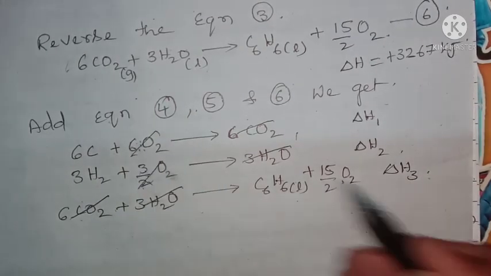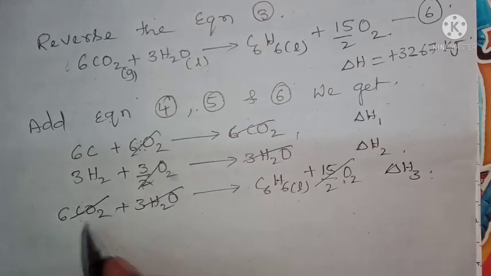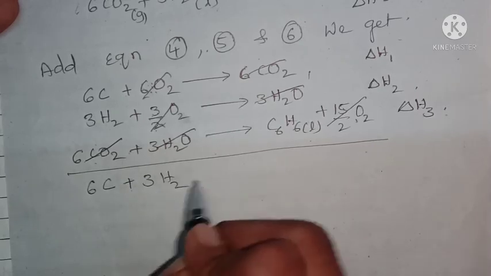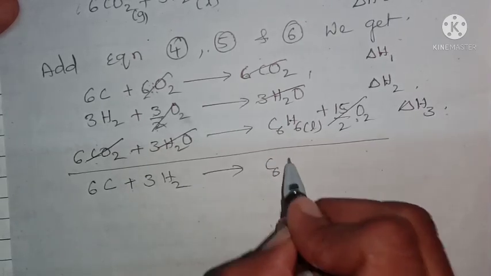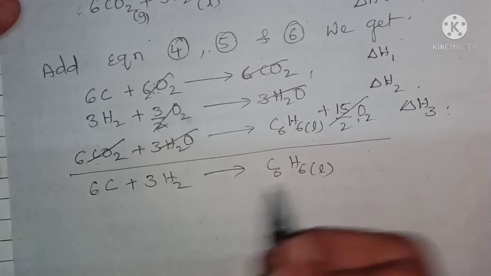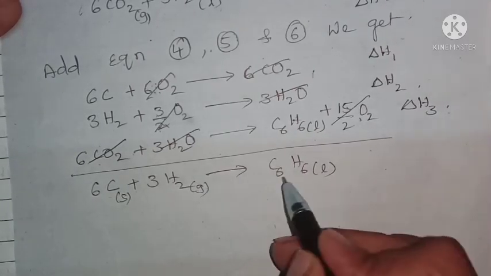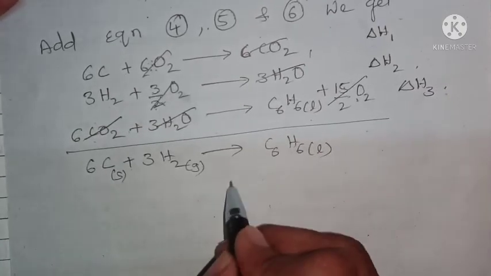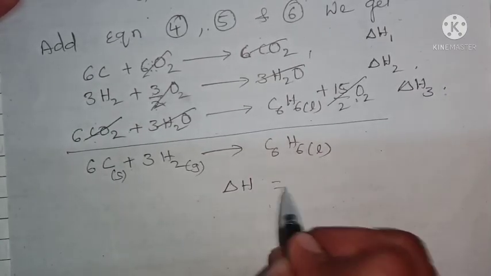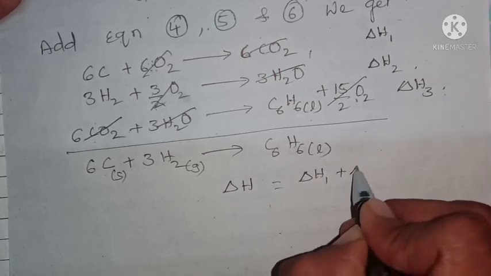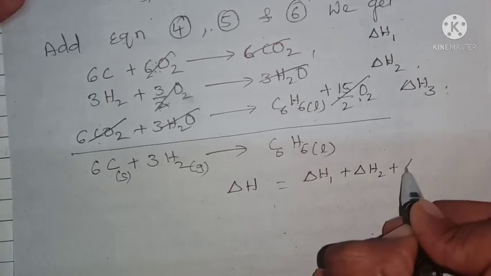So this gets cancelled. So the equation becomes 6C plus 3H2 gives C6H6 liquid. This is solid, this is gas. And we are arriving at this enthalpy, total enthalpy is equals to delta H1 plus delta H2 plus delta H3.